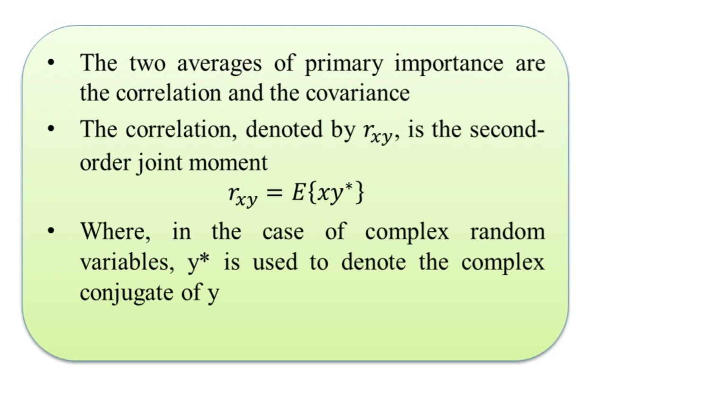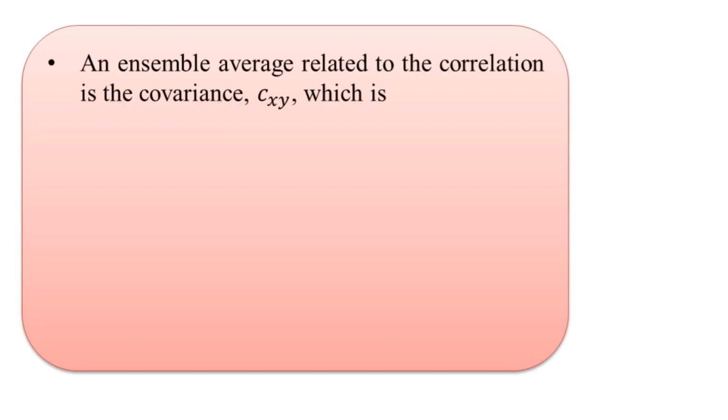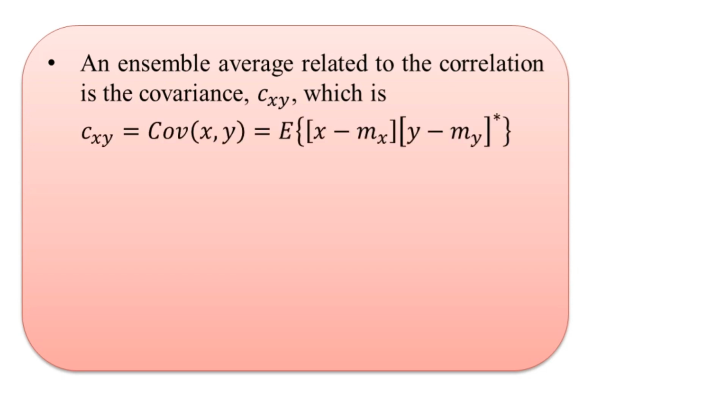Now moving to the second average, the covariance. As correlation is denoted r suffix x comma y, covariance is denoted by c suffix x comma y. This covariance can be obtained by again taking an expected value, but this time the expected value is not of the mere multiplication of x with the complex conjugate of y.